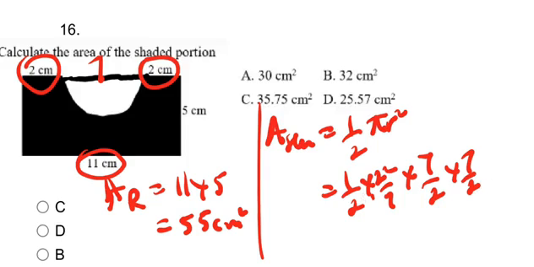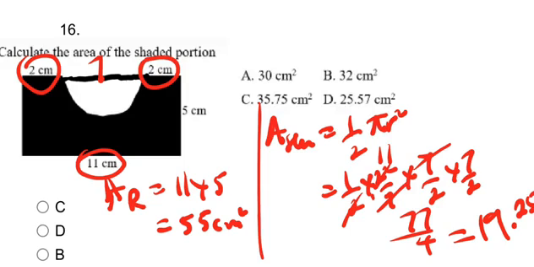Cancelling, this will give us 77 divided by 4, so that gives us 19.25.